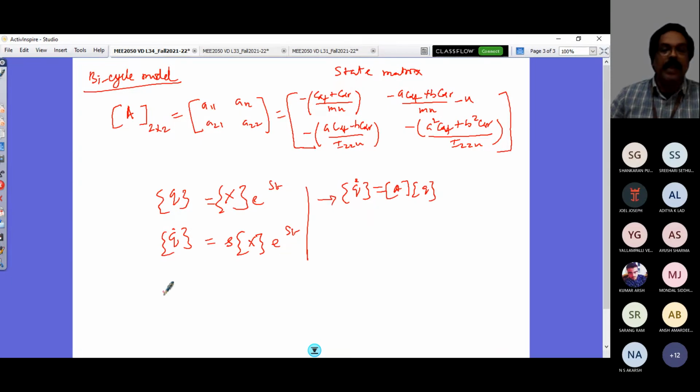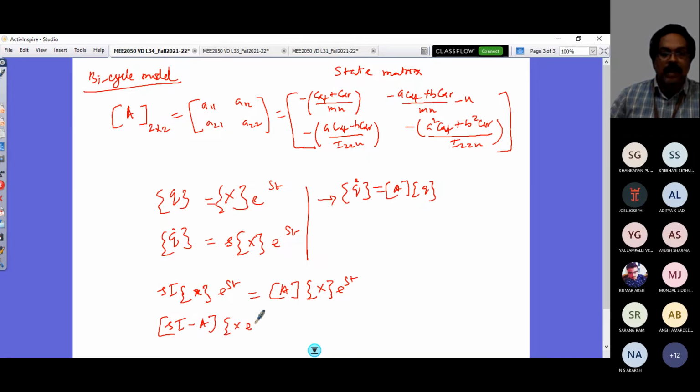If I substitute, I get sI into x e raised to st. On the other side, I have the A matrix into Q, that is x e raised to st. So if I bring it to this side, it's going to be sI minus A into x e raised to st, that's equal to 0.